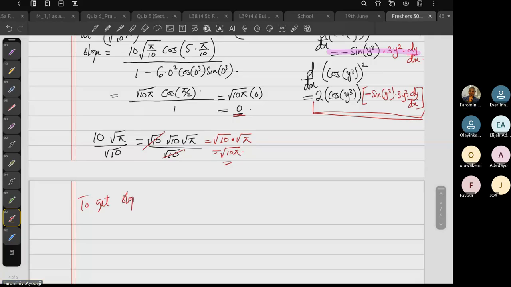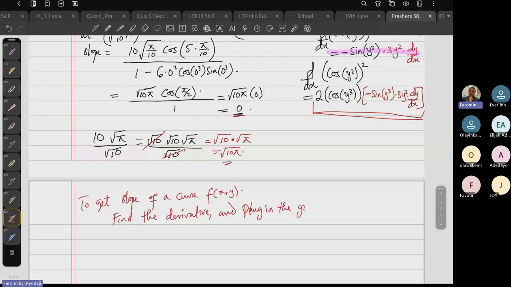So the difference between that and this: to get the slope of a curve, f of x comma y, find the derivative and plug in the given points in the derivative, and that's all.